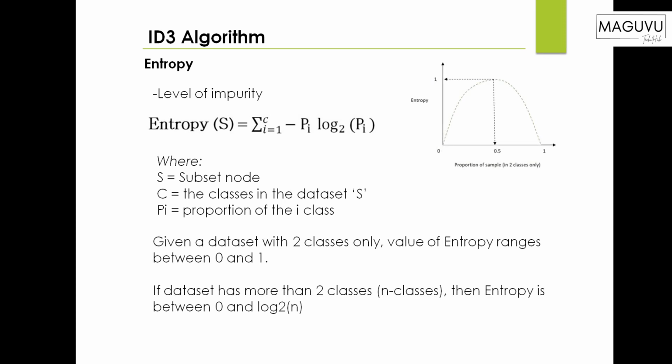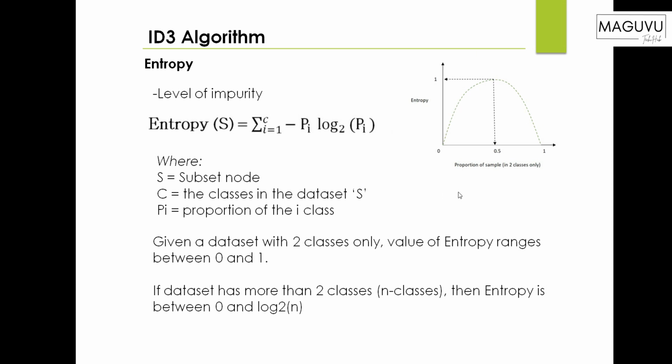Given a dataset with two classes only, the value of entropy ranges between 0 and 1. If a dataset has more than two classes, that is n classes, then entropy is between 0 and log 2 n.